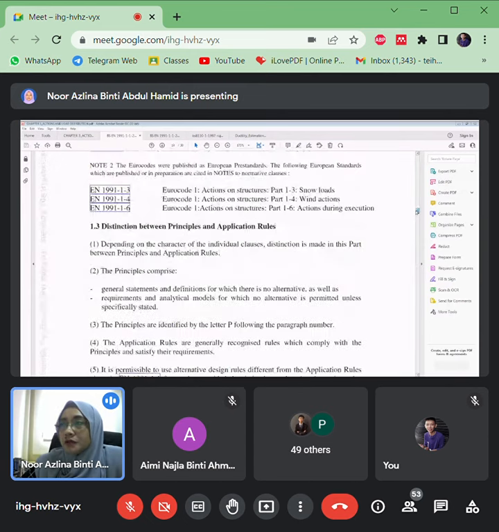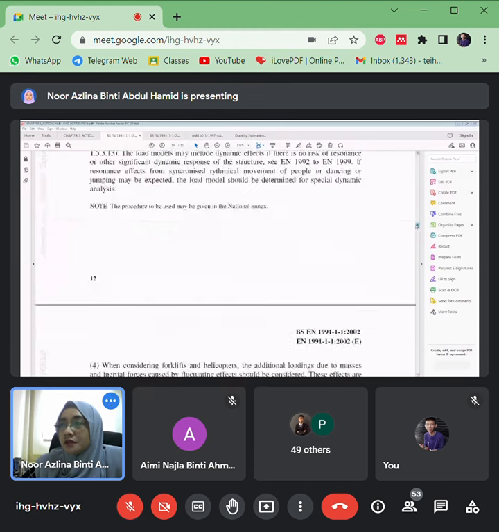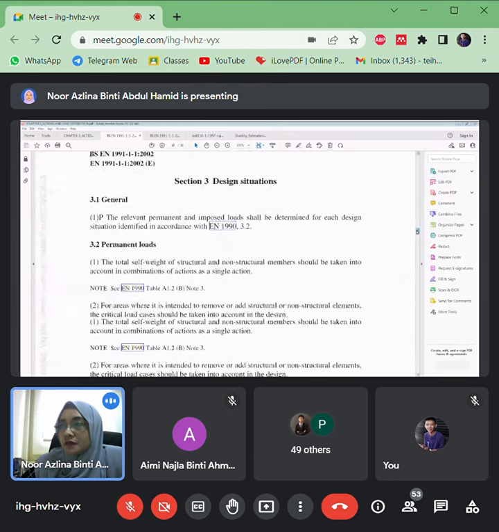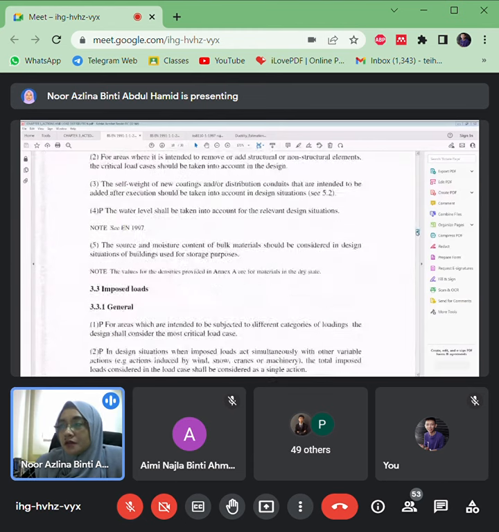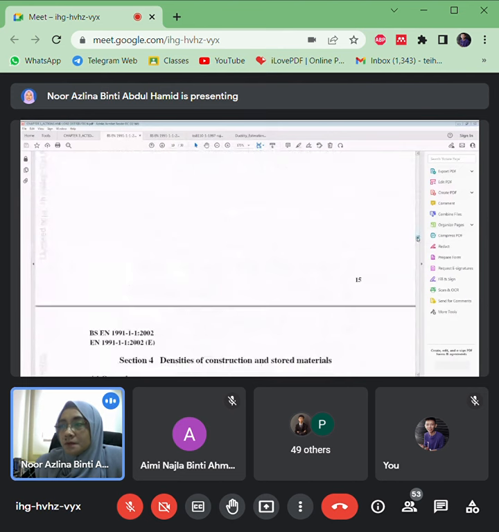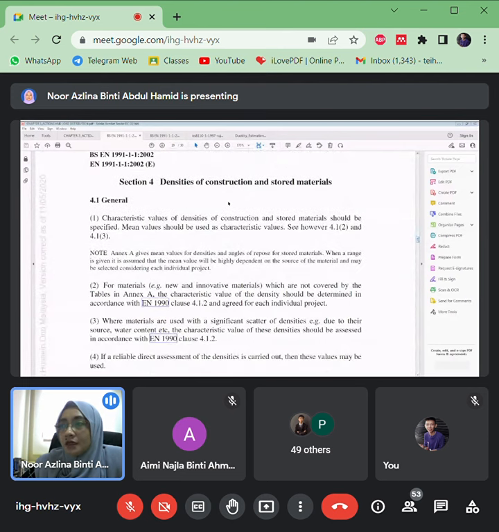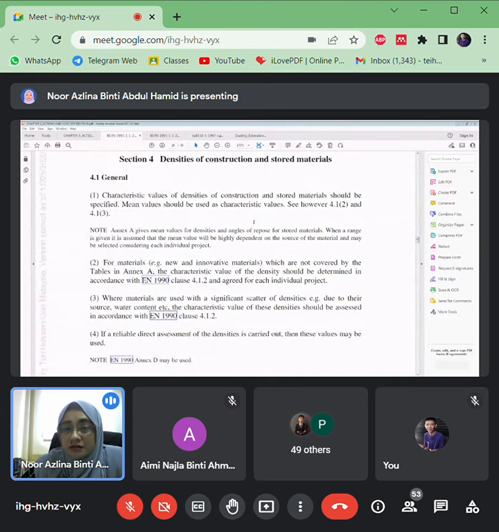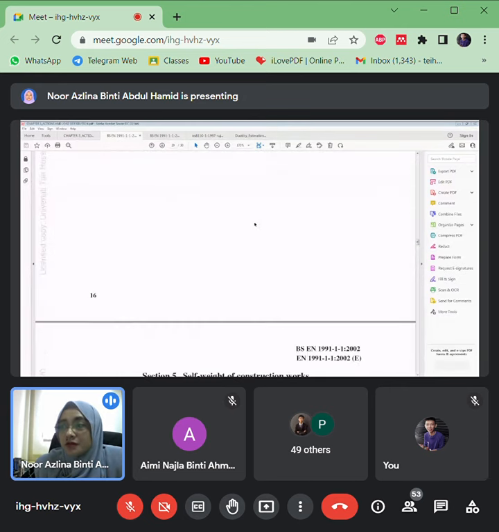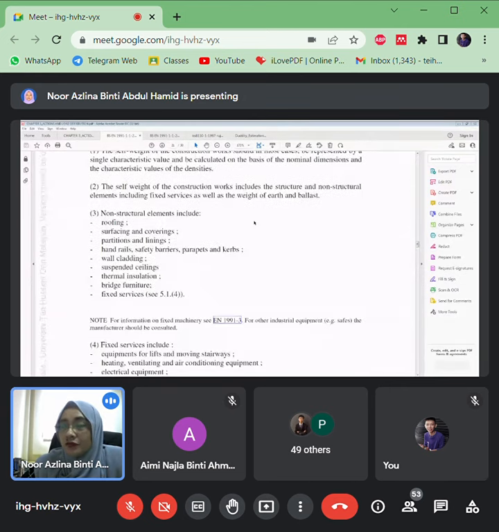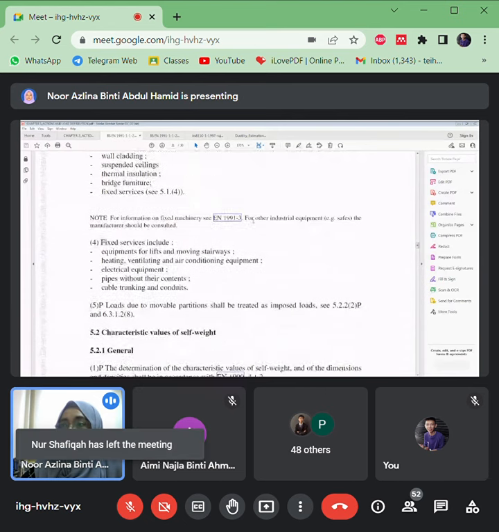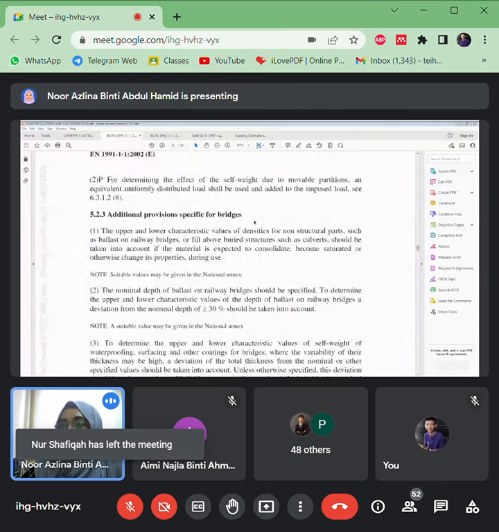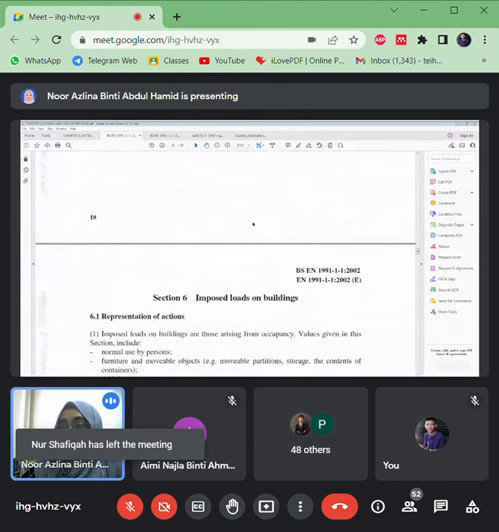Kalau you lihat, the first thing is dia dah mula kepada design situations here. Okay, density, the materials with different material, different density, self weight. All the materials that are used for construction depend on the drawing of the architects.